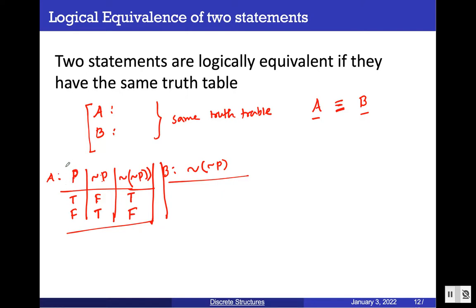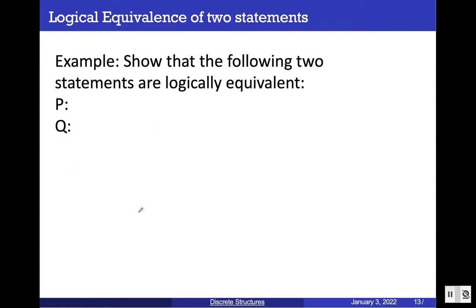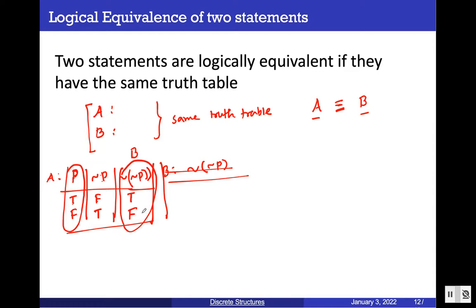Now if we check the truth table of this statement and the truth table of this statement, they are logically equivalent because their truth tables are the same. So two statements are logically equivalent if they have the same truth table.